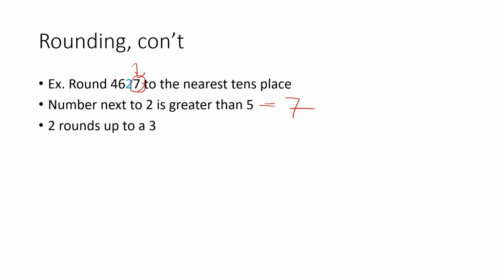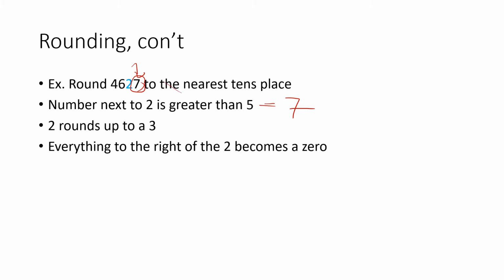And because that is greater than 5, Bob, our 2, is going to round up to a 3. And then everything to the right of that is going to become a 0 because Bob is tired of Felicia telling him what to do. So she kicks him out. He kicks her out. She has to go sleep on her best friend's couch for a while. So our answer becomes 4,630.